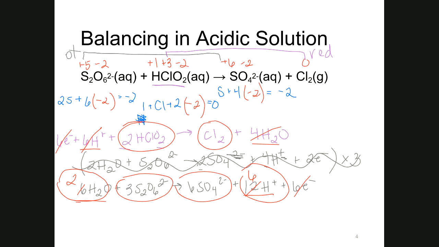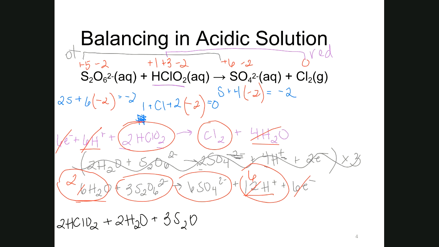So our final answer is going to be, and I'm just going to write the things from the purple and then the things from the gray. So on the reactant side from the purple, I have 2 HClO2. In the reactants from the gray, I have 2 waters. And I have 3 of this fancy ion.